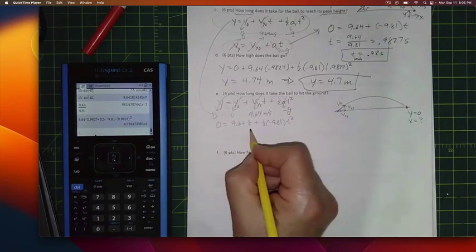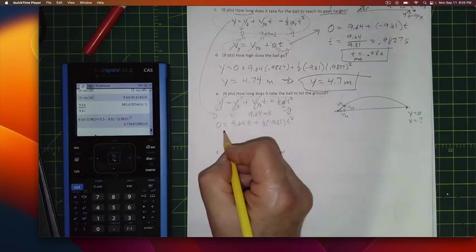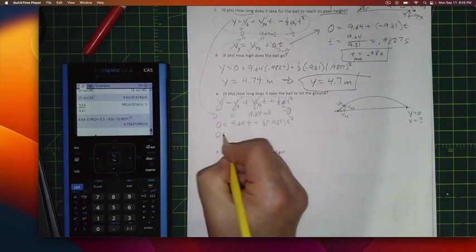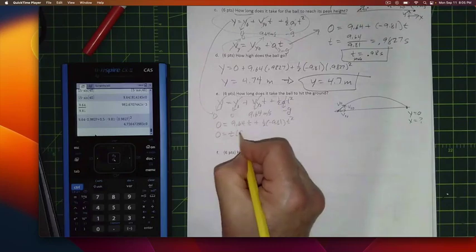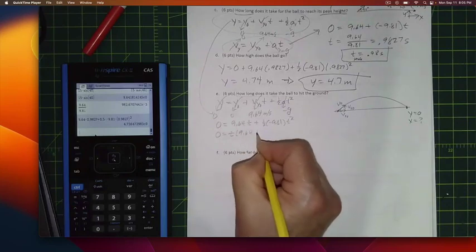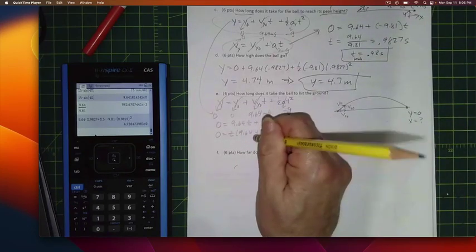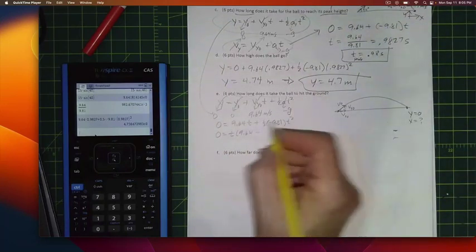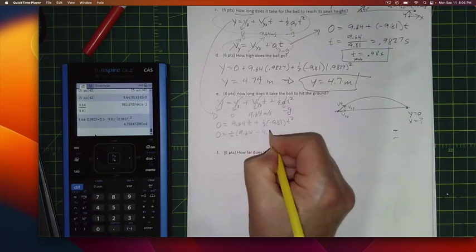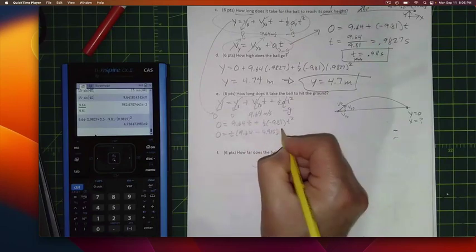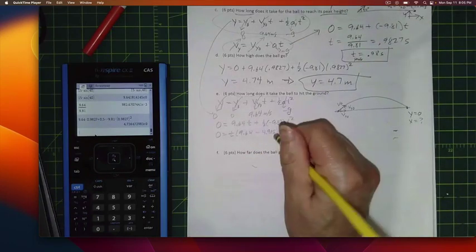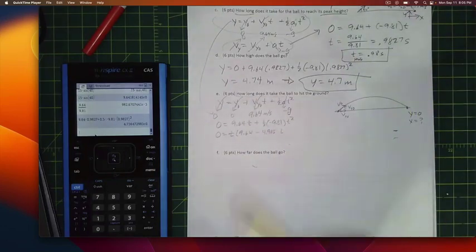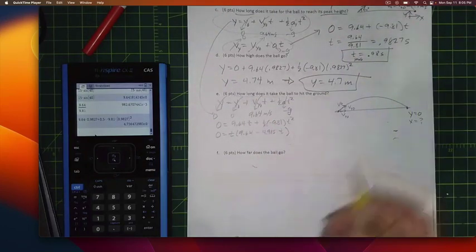And we can factor, so we have 0 equals t times (9.64 plus, if we multiply half times negative 9.81, we get negative 4.905) times t, and then close parentheses there.